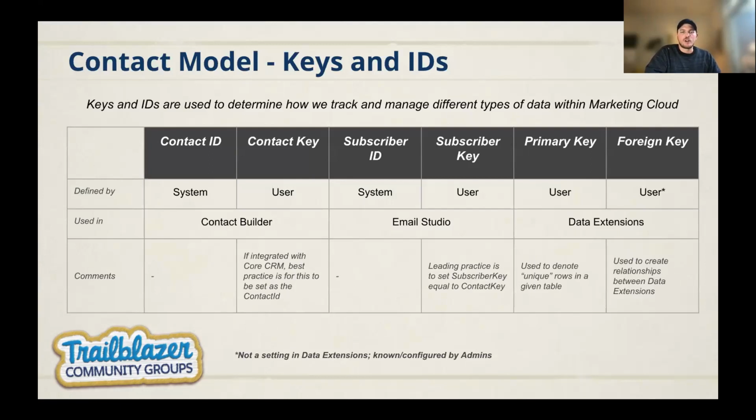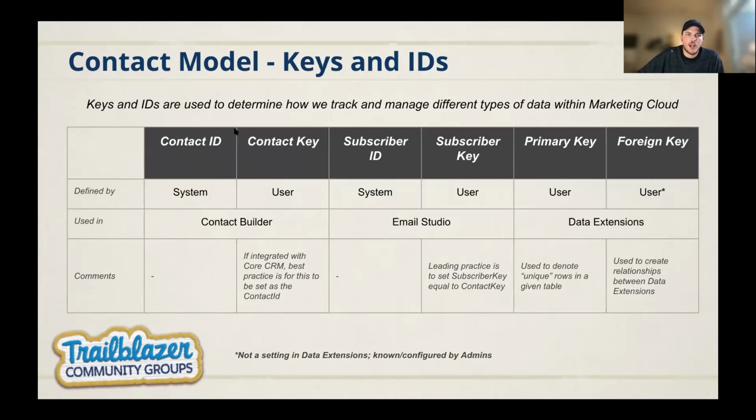I'll go over this concept between keys and IDs. This usually doesn't come up too much in practice in terms of when you're actually implementing, but it is an important concept to understand the difference, especially for understanding the developer topics as a whole, as it relates to the certification. So generally speaking, whenever we talk about an ID, that's going to be something that's system generated or defined by the system.